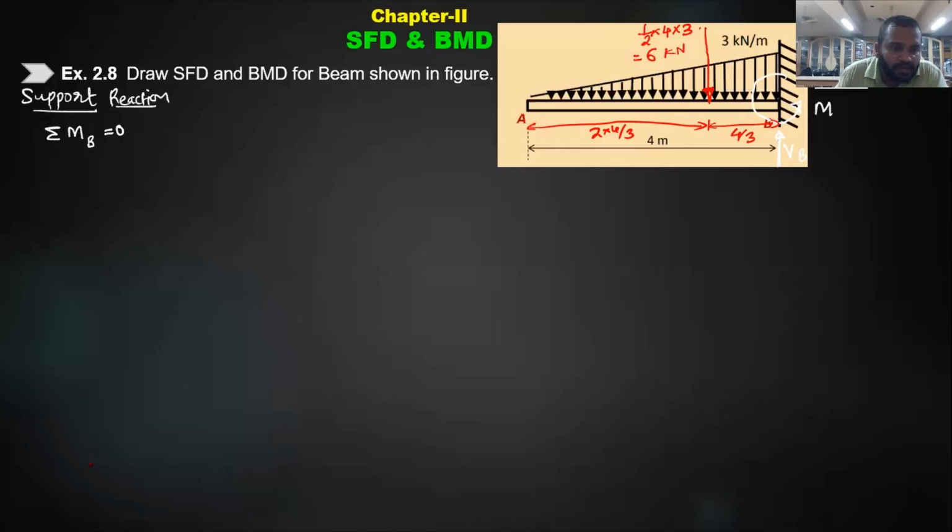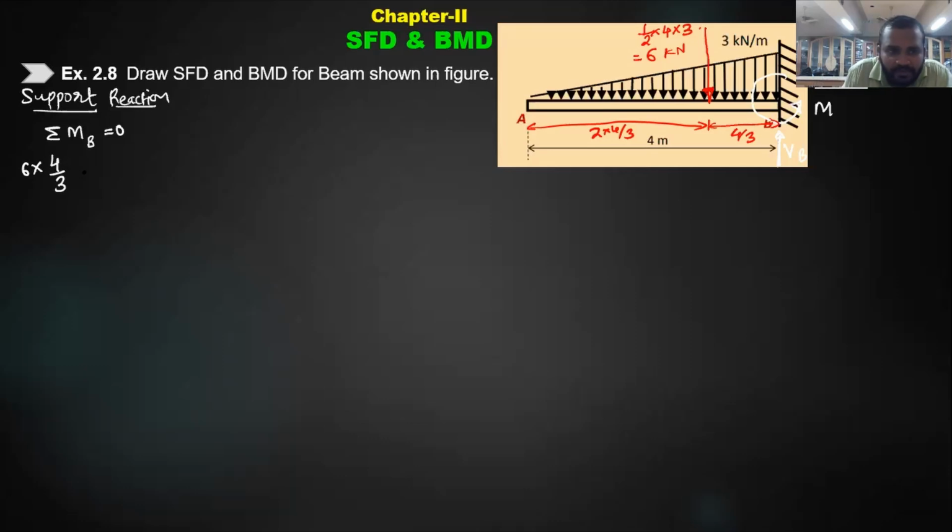So now let us start solving for our moments. When I talk about moment, at A there is no force. The equivalent load, how will its moment come? It is anti-clockwise, so I am writing positive moment. The moment will be how much? 6 kilonewton is the force. It is acting at a distance of 4 by 3 from point B. So 6 into 4 by 3 will give me that answer.